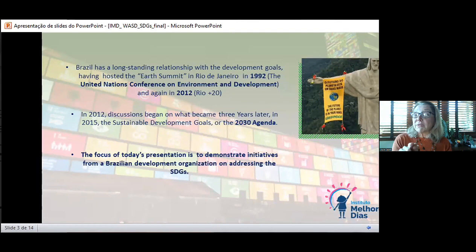And in 2012, discussions began on what became, 3 years later, in 2015, the Sustainable Development Goals, or the 2030 Agenda. So the focus today is to demonstrate initiatives from a Brazilian development organization on addressing the SDGs.